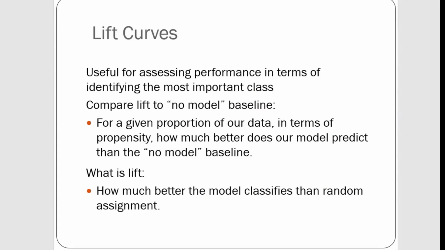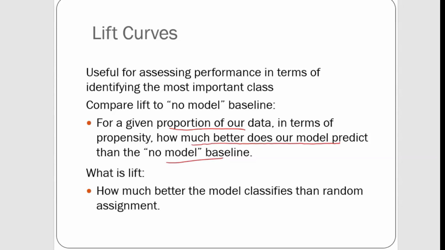The final measure we will look at in assessing the accuracy of a classifier is lift curve. A lift curve essentially poses the question that for a given proportion of our data, how much better does a model do than having no model at all?